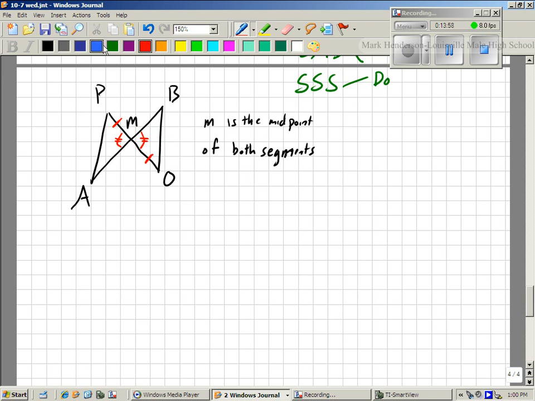Bottom on the right. Very good. And then this over here is congruent to top on the right. No, because M is the midpoint of both segments. Right? So it cuts both segments in half. Do you see what I'm saying?